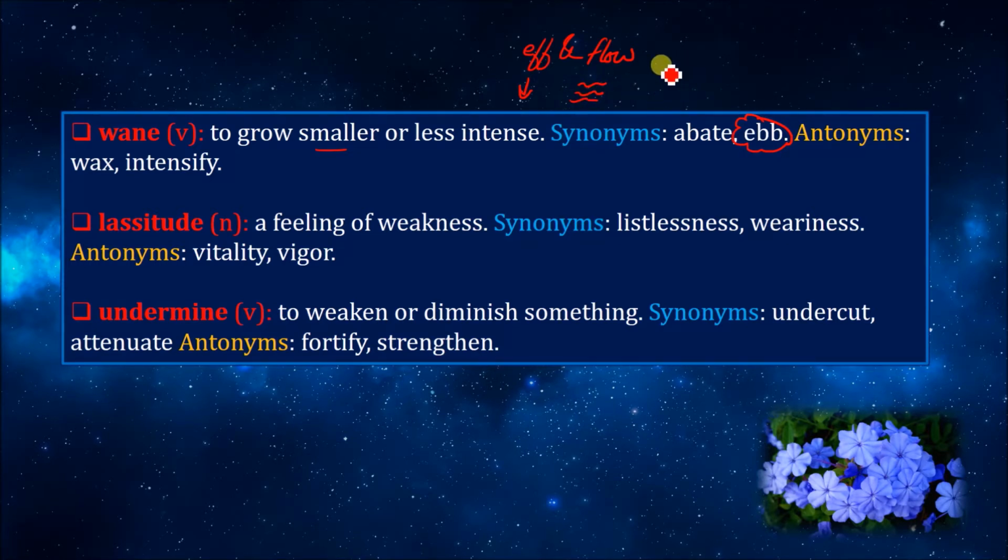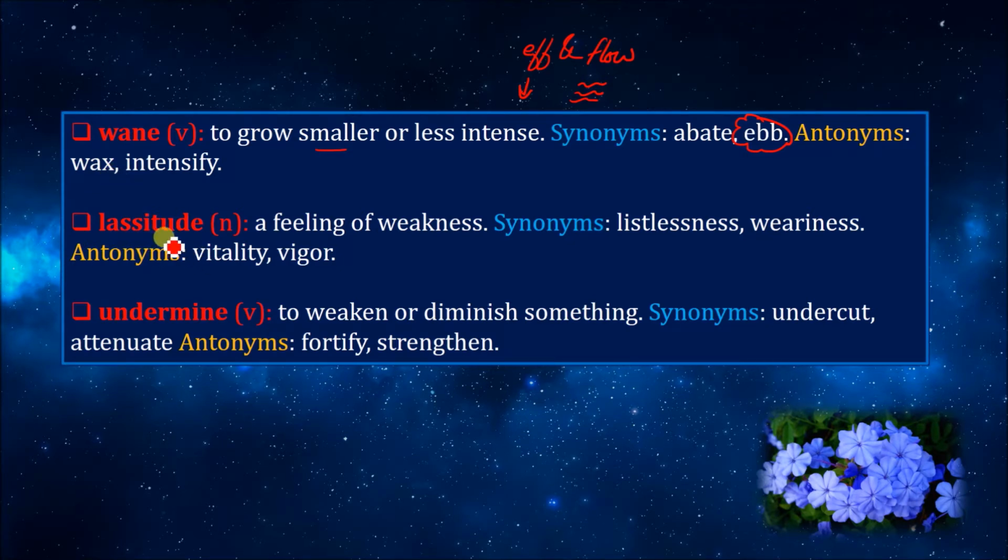So people say, for example, the ebb and flow of life, meaning we grow older, we grow weaker, and then it keeps moving forward. That's a trite, hackneyed term, if you understand what I mean. But ebb means to decrease, to abate, to wane. Antonyms: wax, intensify. The opposite of waning is waxing.